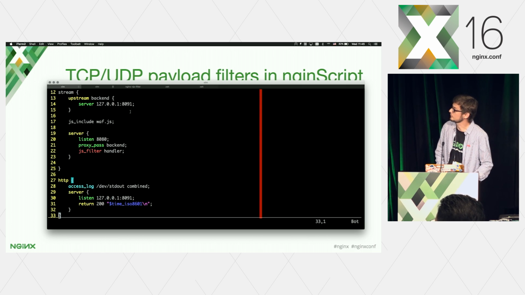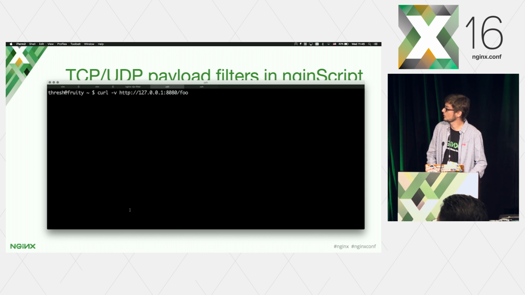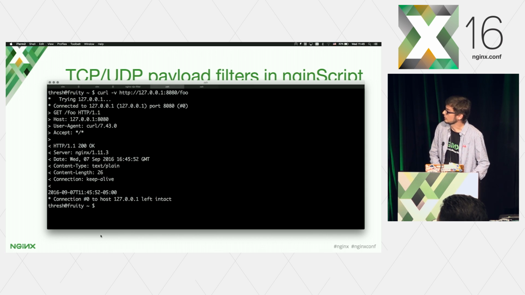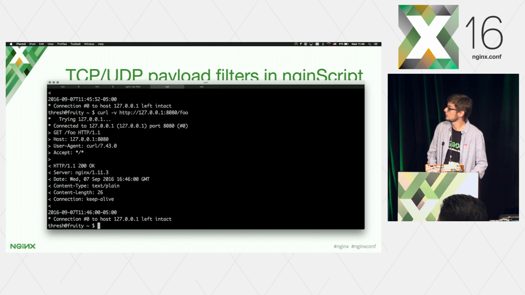So basically, I'm sending the request to that server block, which will filter it using the NginScript and then send it back to this backend, which is supposed to return local time. Okay, so yeah, it looks like we've got a reply and we see local time in here. So far so good.